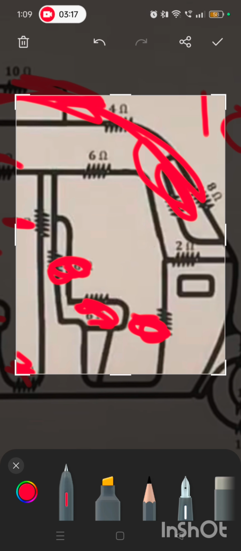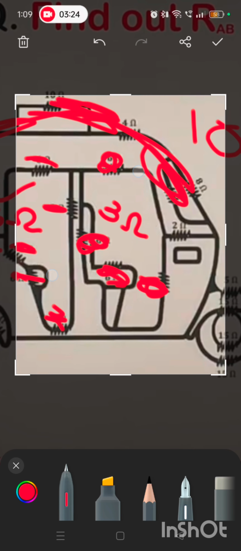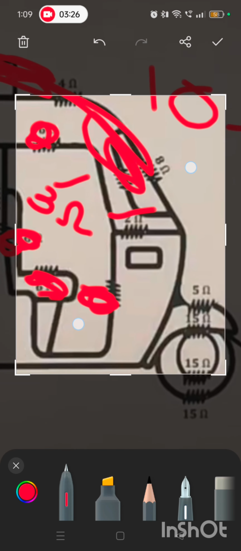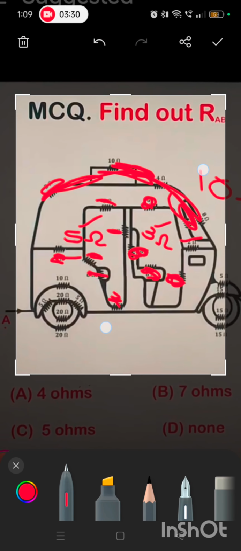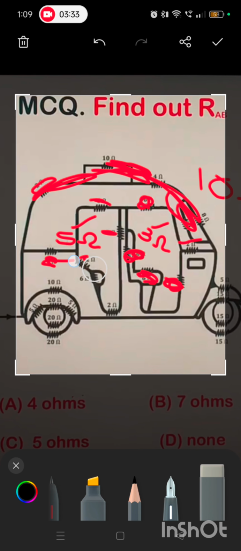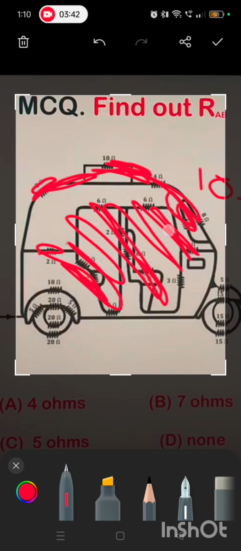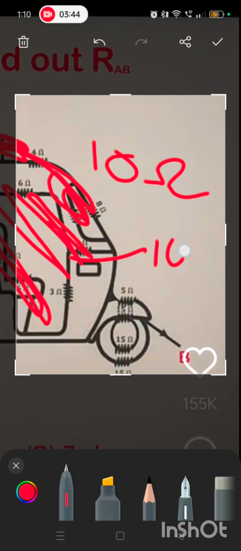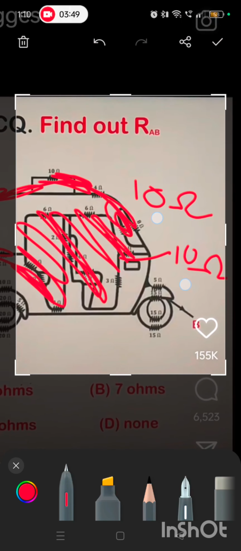So this 6 ohm and this 6 ohm will form 3 ohms. Now this 5 ohm, 3 ohm and 2 ohm are in series, so they'll form 10 ohms, right? So we'll erase this as well. We got the middle layer as well. This complete part is 10 ohms, right?